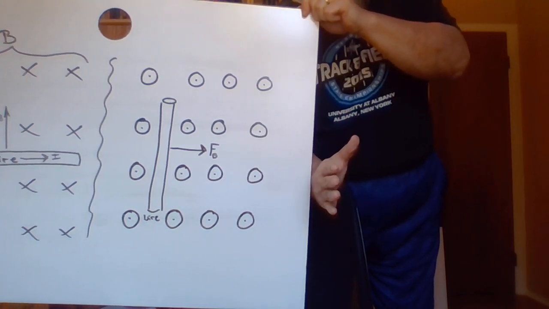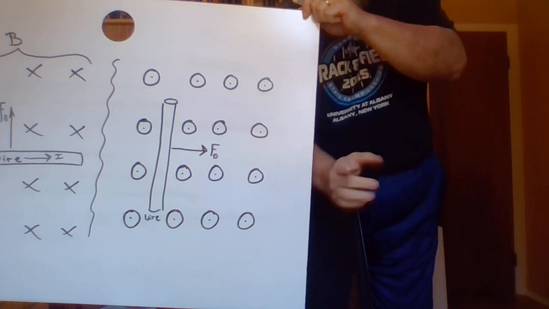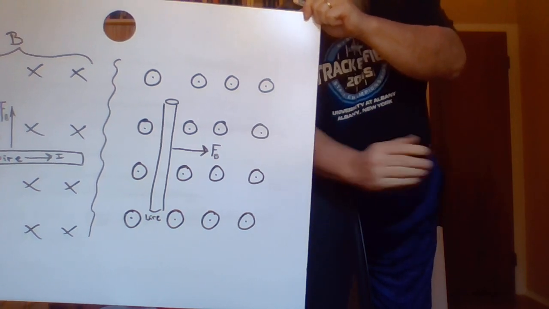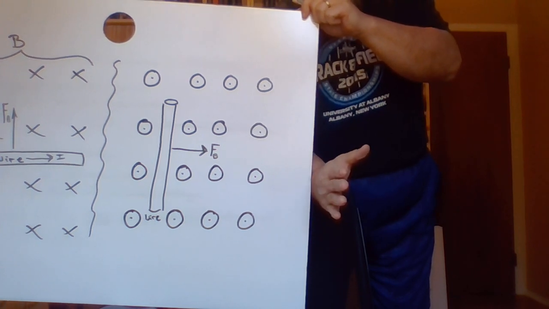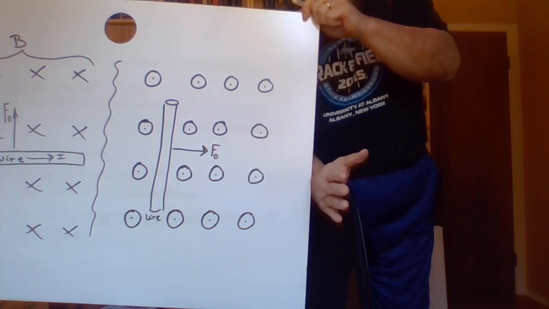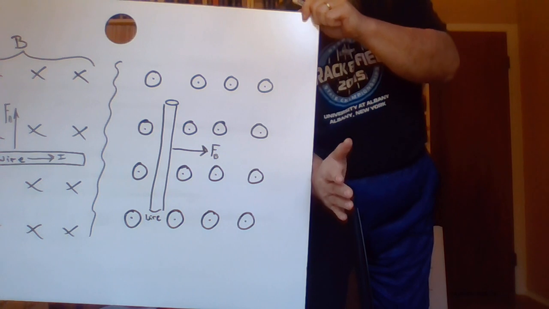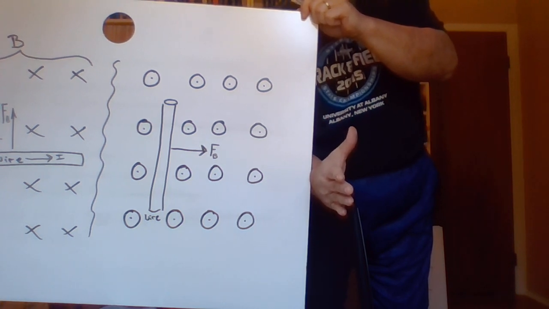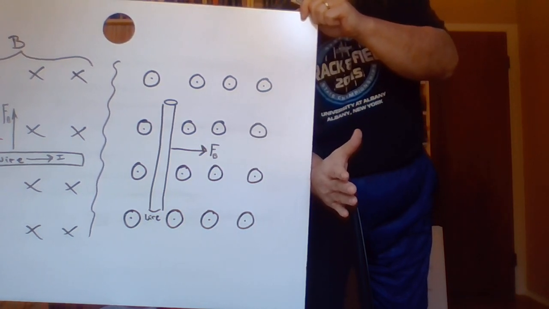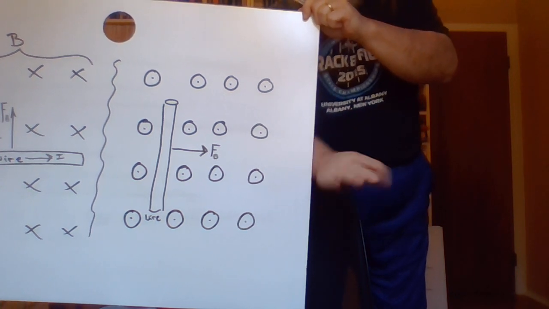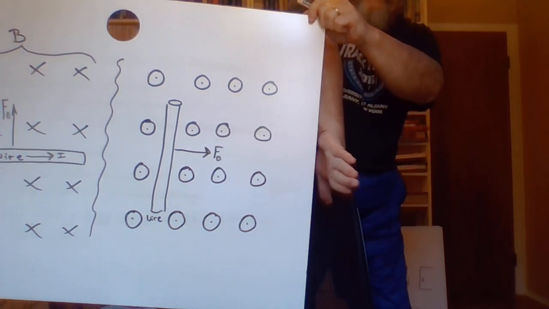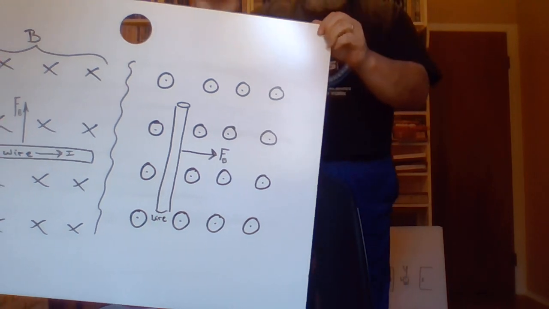Or my palm points this way because that's the direction of the force acting on the wire. My fingers have to be pointing out of the board, okay, out of the page. And so notice that my thumb, which way does my thumb point? Up. Notice if I reverse either the force or the magnetic field, that causes my hand to go the other way and my thumb goes down, okay?